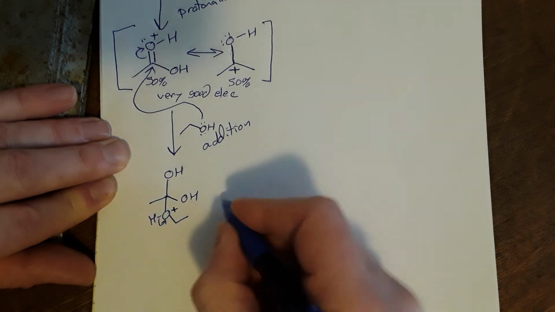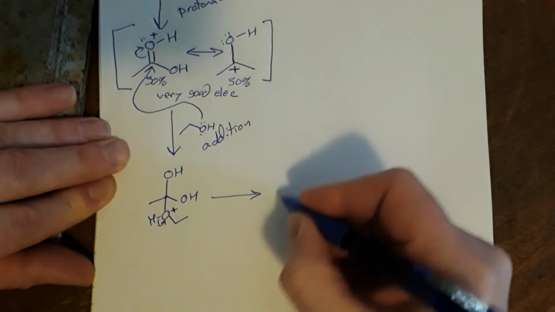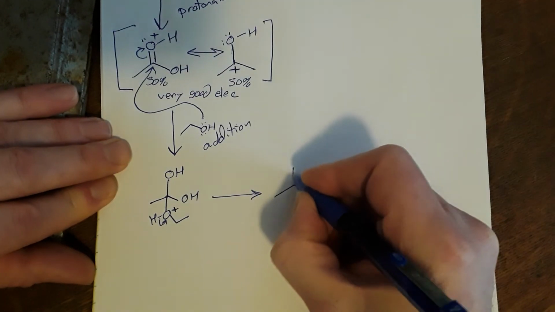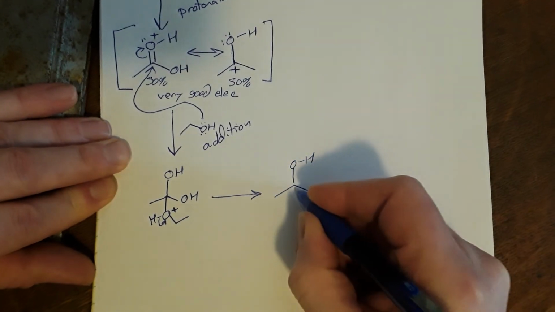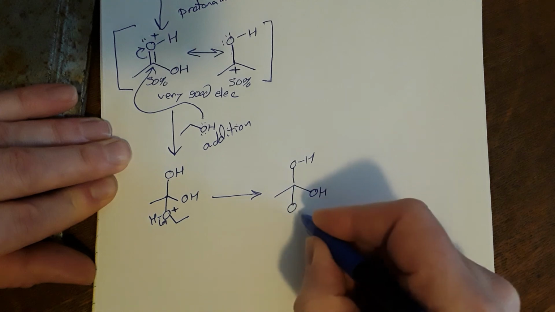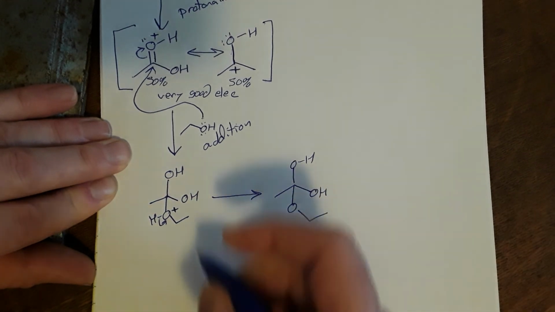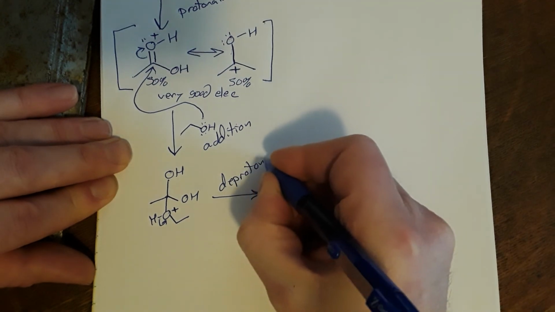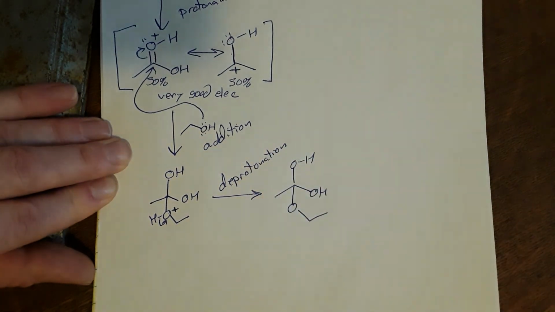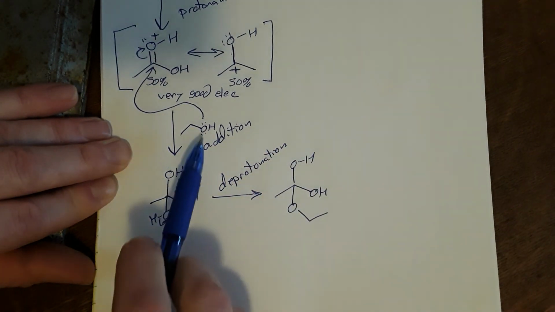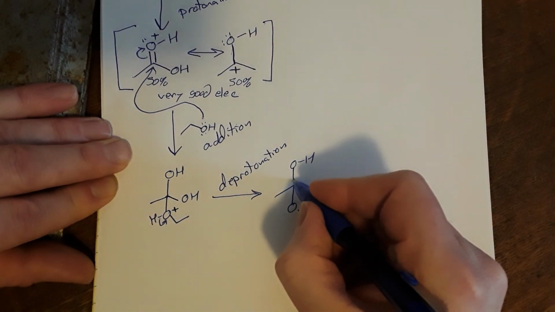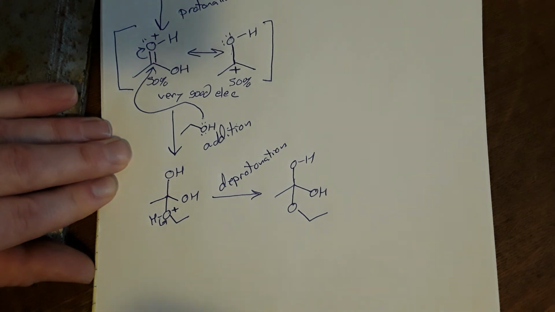So if we deprotonate there, then we have our tetrahedral intermediate here that is neutral. Deprotonation. Okay, so we did a protonation, an addition, and a deprotonation, and we have completed the first half of the mechanism.